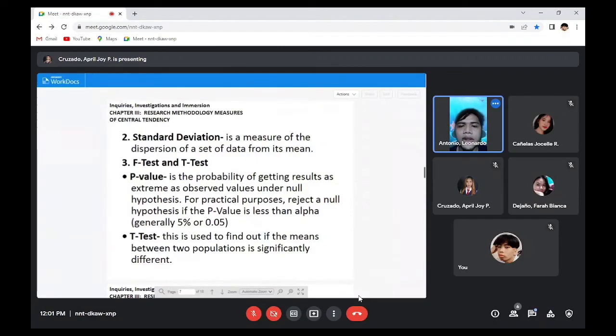Standard deviation. It is a measure of the dispersion of a set of data from its mean.